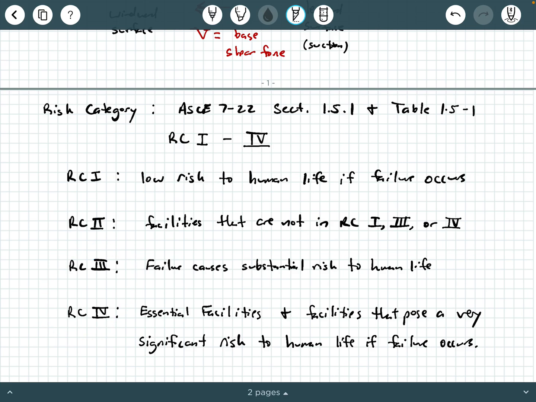RC3 and RC4 structures are all over the place as well, but most structures are RC2, okay? RC1 structures would be something like if you have an abandoned warehouse that's housing just a bunch of old farming equipment out in the middle of nowhere, right? That would be an RC1. If that structure fails, then that's not really going to pose a risk to human life, okay? So those are our risk categories, okay?